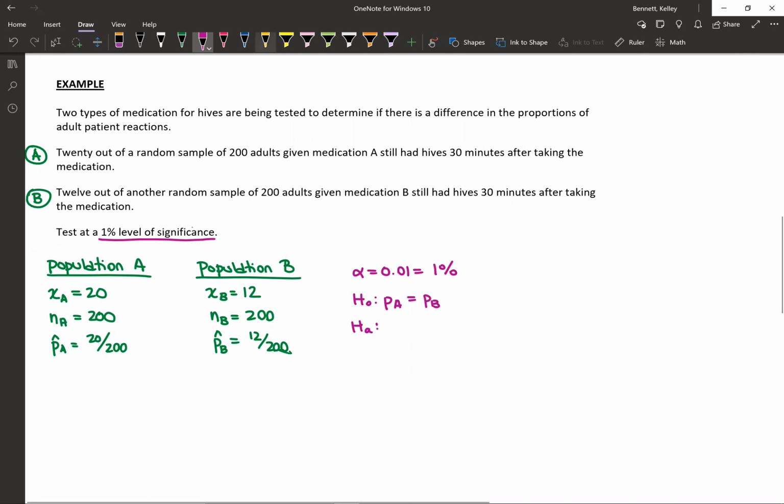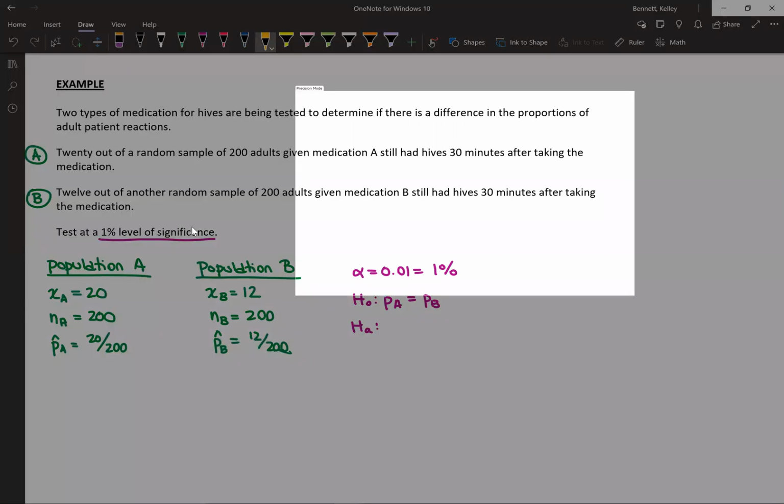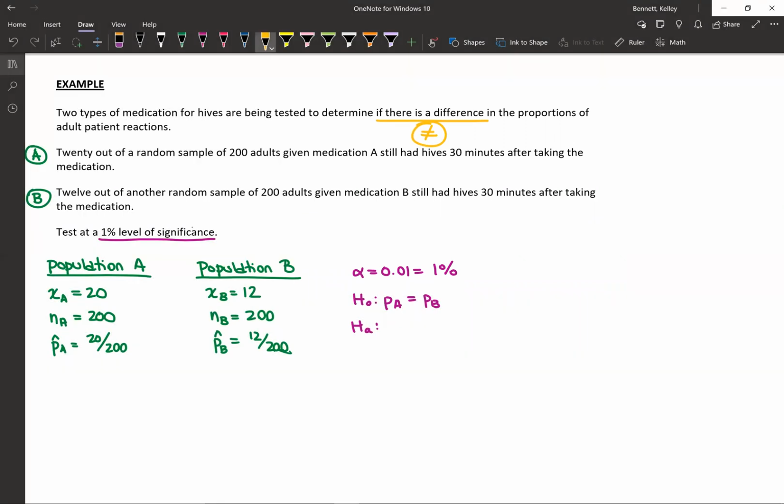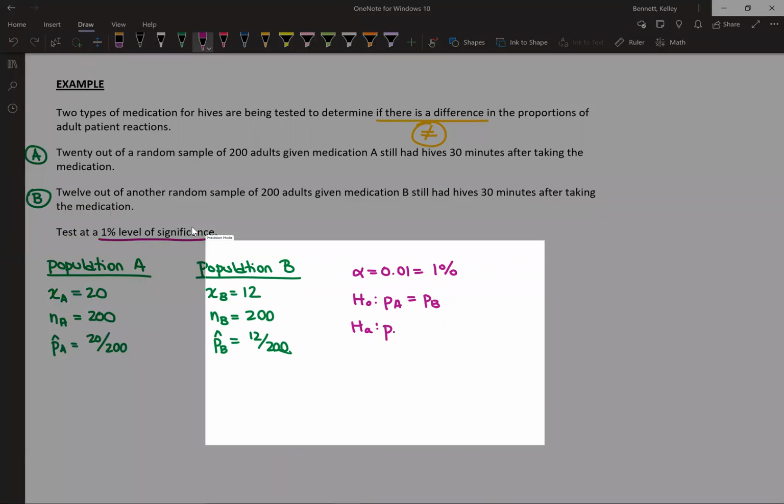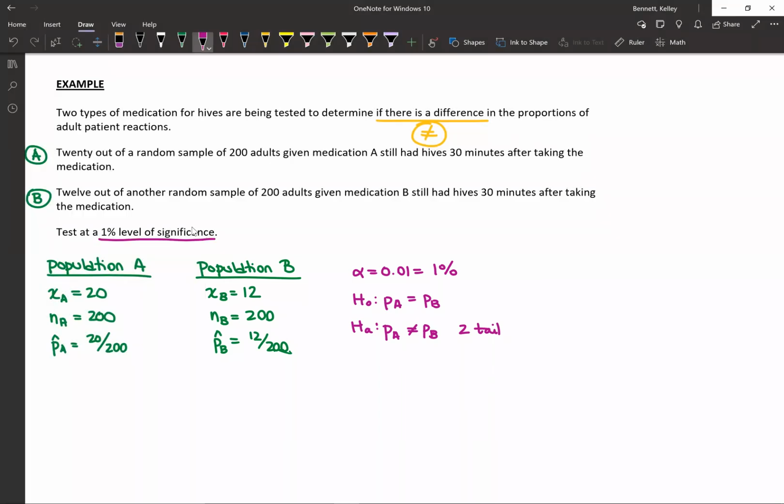So going back to the question, I look at the first sentence and it says, if there is a difference, and that to me is the tip off that we're going to use not equals. So when I'm looking at my alternative hypothesis, I'm going to have pA not equal to pB, and this is telling us to use a two-tailed test. All right, so let's go ahead and put this into Excel and see what we get.